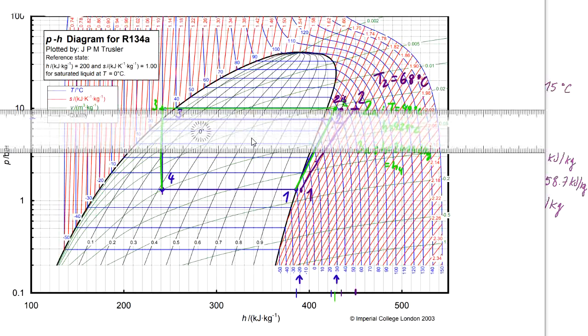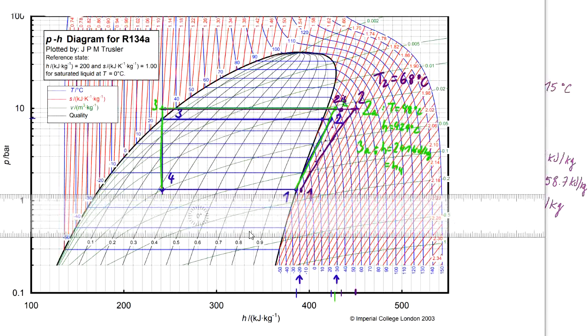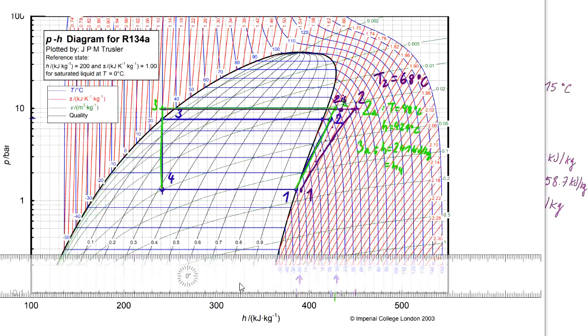Now the rest of the cycle would look fairly similar as the previous one. We will have first the superheating to the point of saturated vapor, then the condensation to the saturated liquid, and then subcooling, where the point 3 will be the same as the point 3 green.